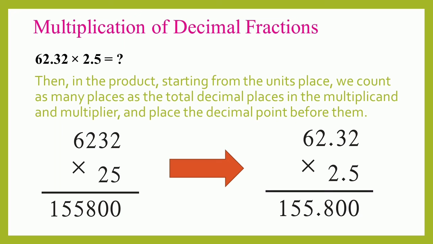So there are a total of 3 places after the decimal point. So in the answer we will count 3 places from the right and put the point. The point will be between 5 and 8. So our final answer is 155.800.